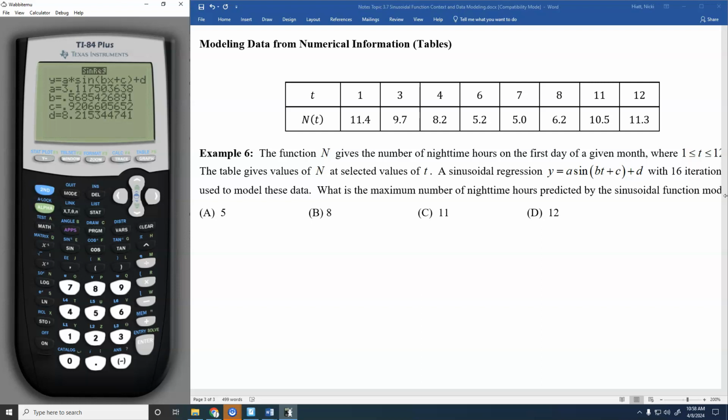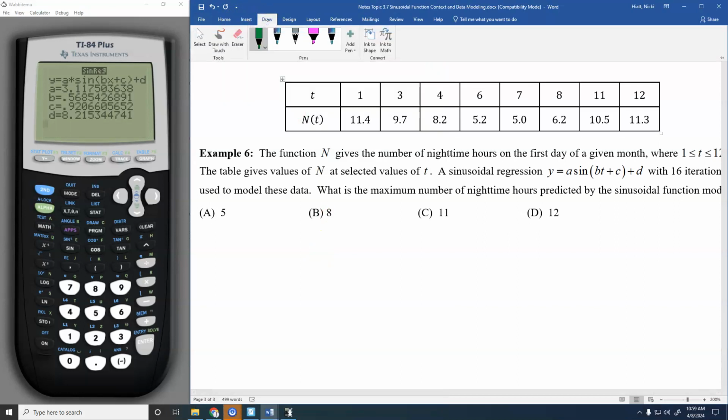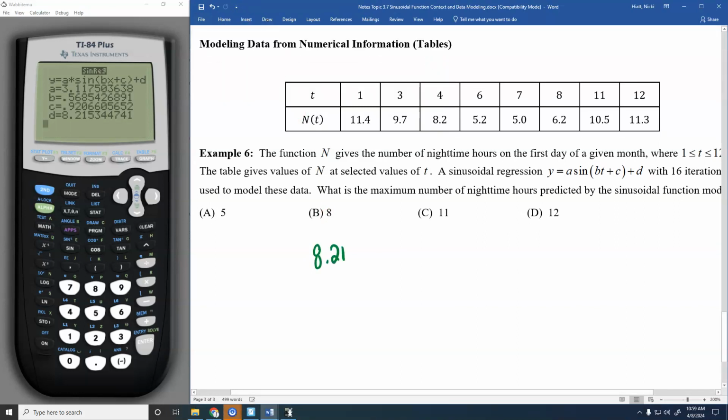What else could we do to find the maximum? Midline plus amplitude is going to give us our maximum, right? So we could do 8.215 plus our 3.117, and it is going to give us a little bit more than 11 for this.